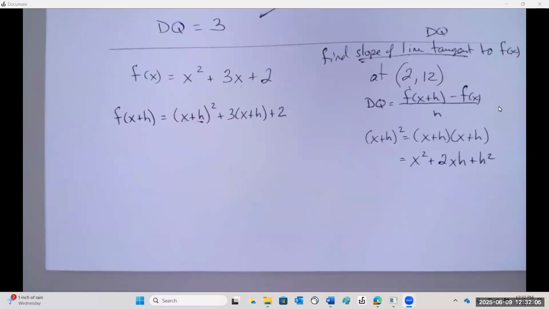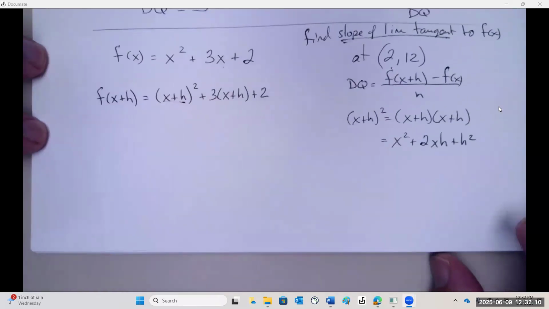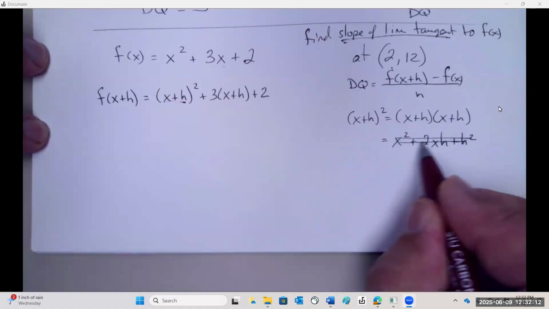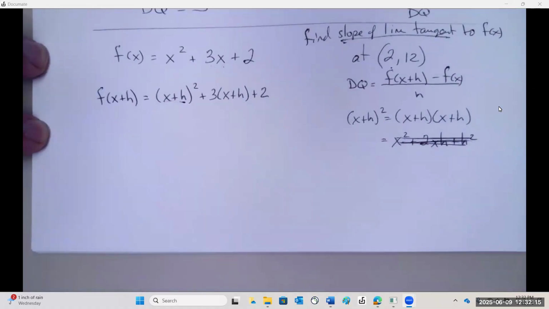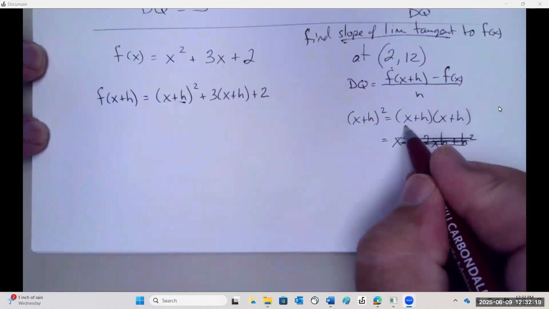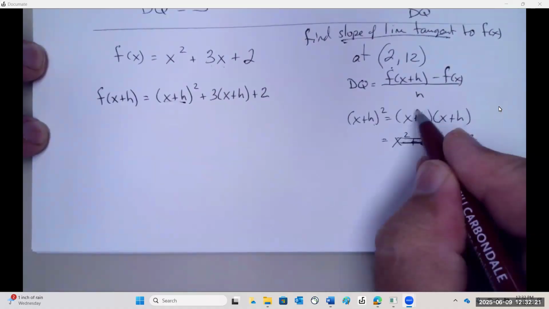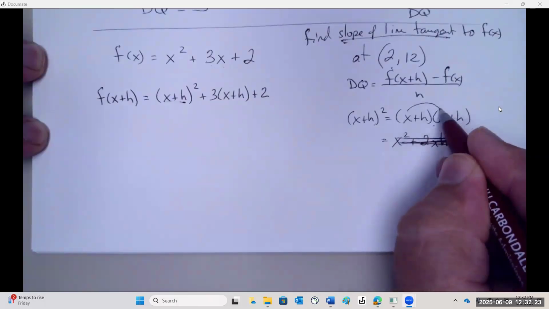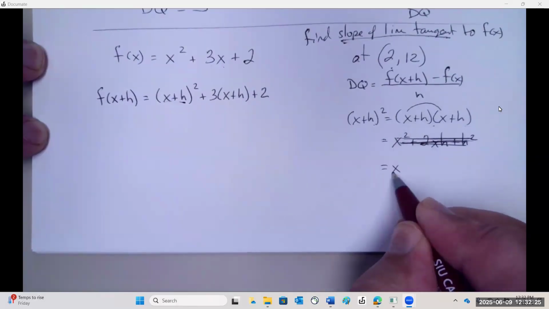Okay, so that means these two are there. Basically, everything in the first parenthesis multiplies to everything in the second. So the x's: x times x is x squared.